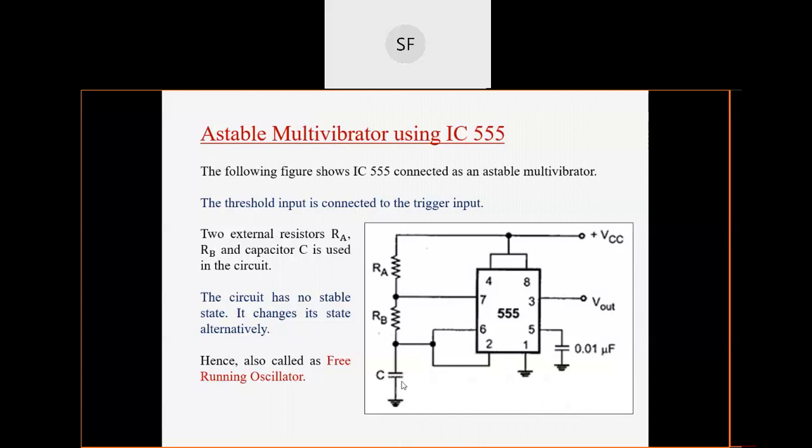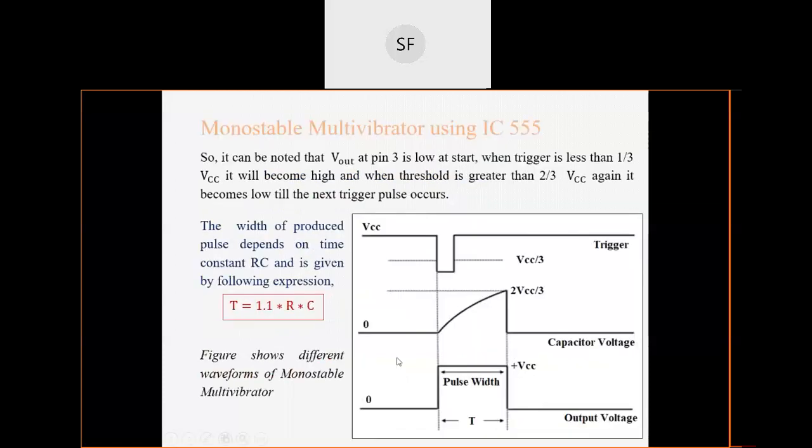These are the external components. One important thing is pins 2 and 6: these are short circuited, meaning pin number 6 and pin number 2 are joined together. Now I will go back to the monostable circuit diagram and you can observe the difference. Here only one resistance was there, connected between 4 and 7.